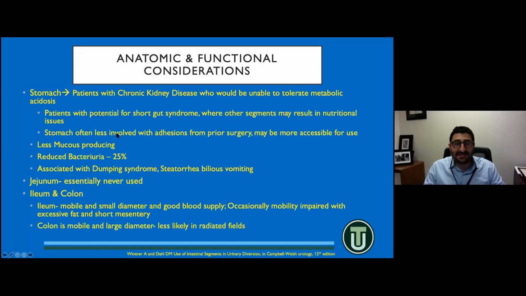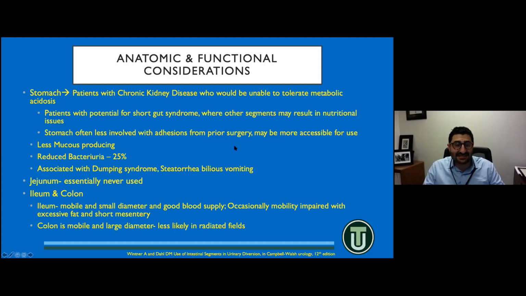Often the stomach is sequestered and is less involved with adhesions from prior surgery and may be more accessible and easy. Also typically produces less mucus, less bacteriuria relative to ileum and colon, but can be associated with dumping syndrome, steatorrhea, and bilious vomiting.